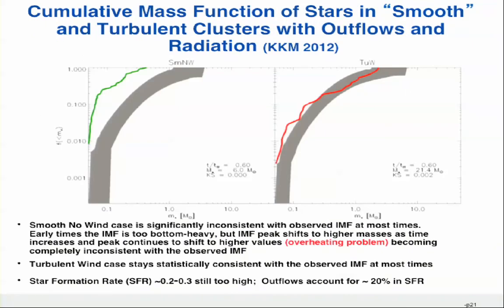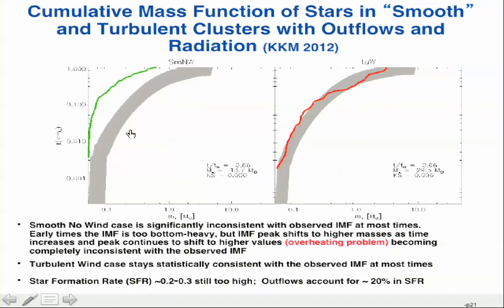Okay, now if I recompute the cumulative mass function, or the stellar IMF, with this amount of full feedback in the problem, and we compare this with what we've just seen, we can now see the effect of the feedback.